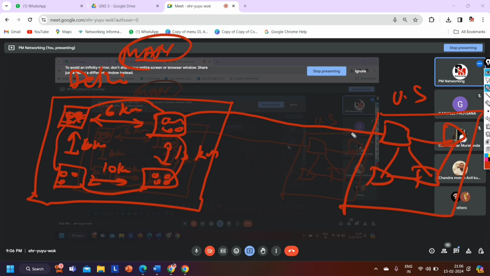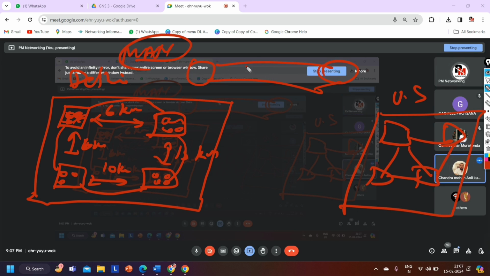It will be very costly, right? So we have a service provider who is going to provide me connectivity between India and the US. Let's say there is one service provider who already has connectivity between India and the US, through cable.